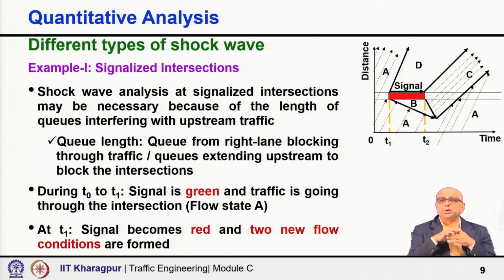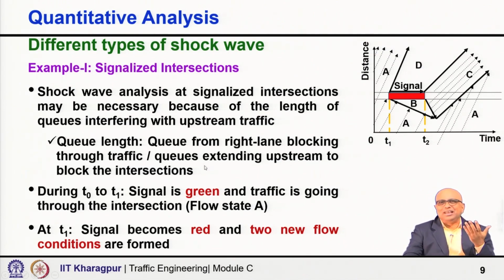Through vehicles are not able to pass because the right turning vehicles are waiting in front of those vehicles, or the queue is extending upstream to block the intersection. That might be happening.